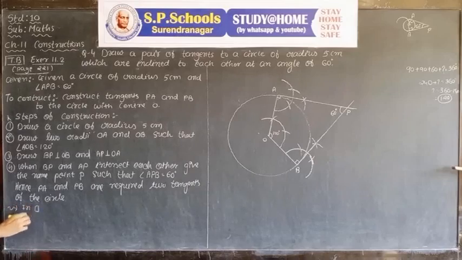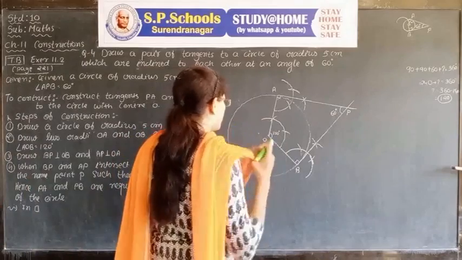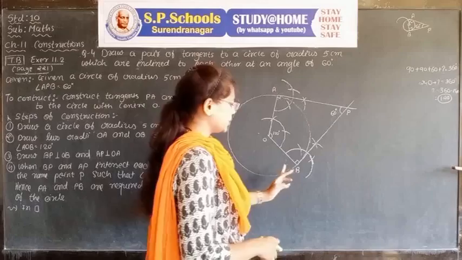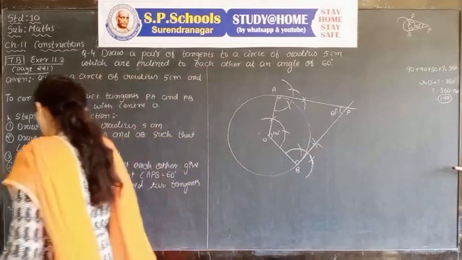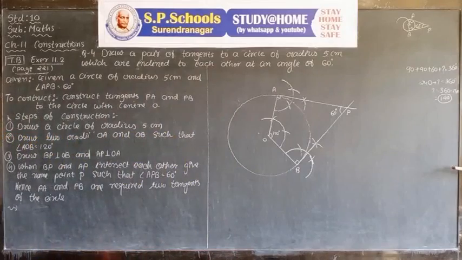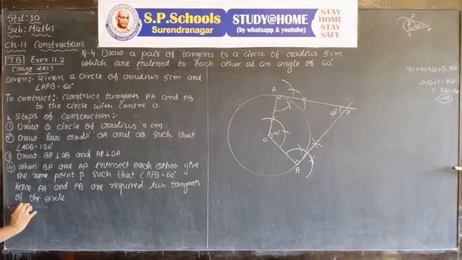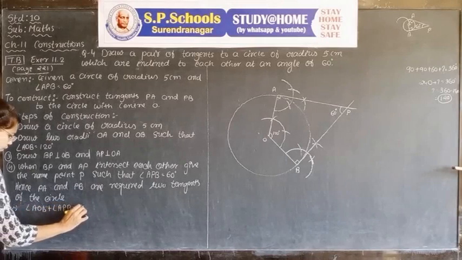In quadrilateral OAPB, as we know, the angles AOB and APB are supplementary angles also. So you can also use the supplementary angles property to find the angle AOB. Angle AOB plus angle APB is equal to 180 degrees.